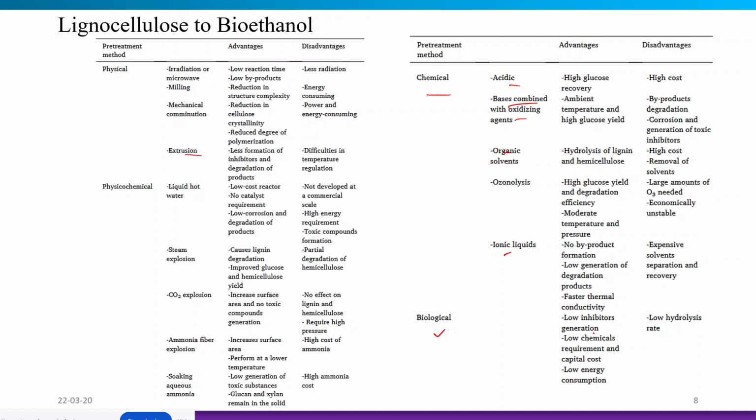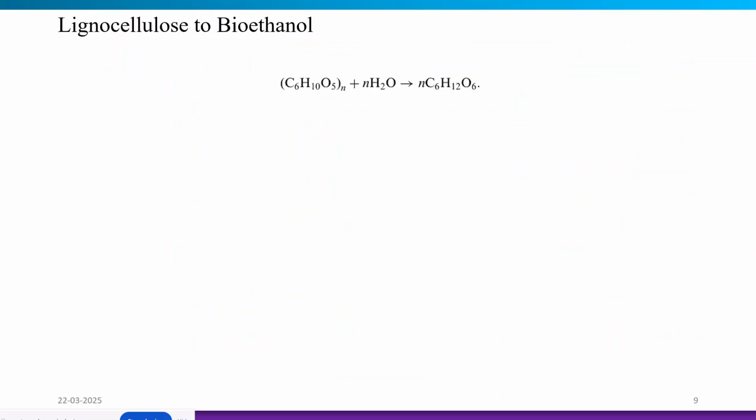Another one is the biological treatment, which has a low inhibition rate and lower yield of bioethanol, but it also has low energy consumption and low capital cost requirement. We already discussed these comparisons in detail in the first two classes about the different existing pretreatment methods. So we are moving forward; you can refer to the slide later in detail.